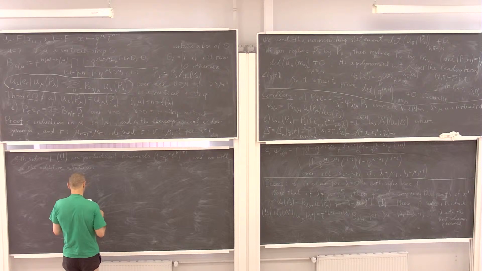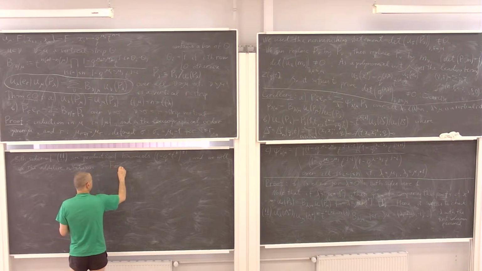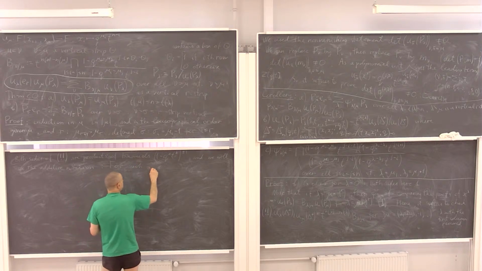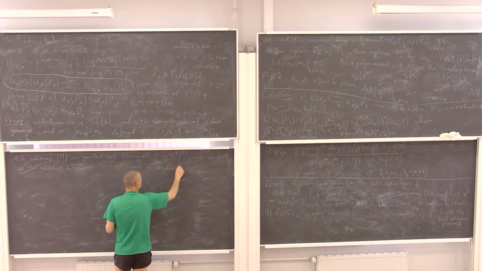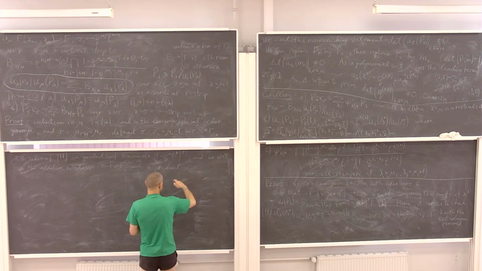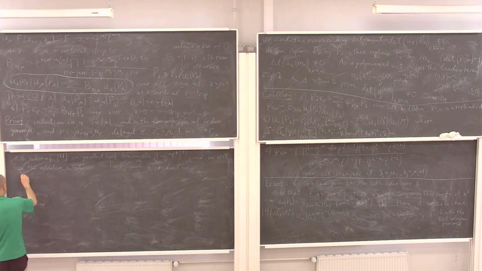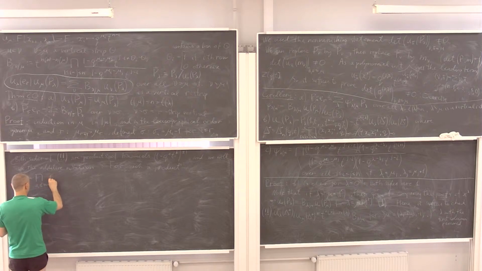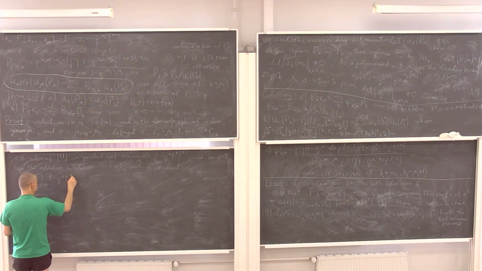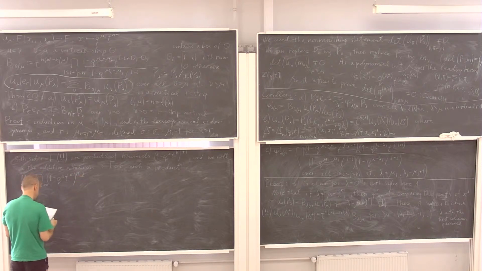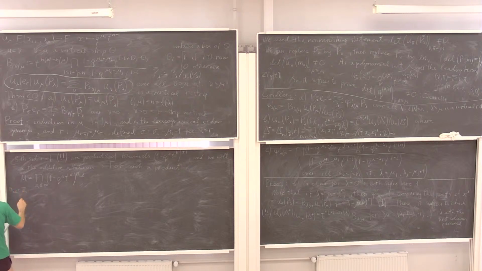Okay, so for such a product, like M, the product over A, B, 1 minus q to the A, t to the B, for some power n_AB. So n_AB is an arbitrary integer.